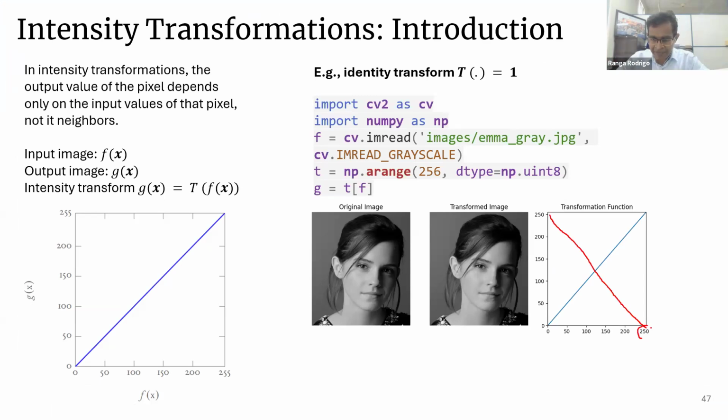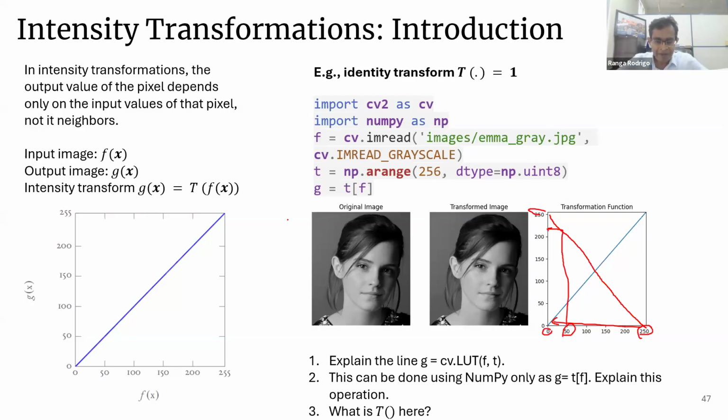For every pixel with 250, it will produce 0. If the pixel is 50, it will produce 205 or something. If the pixel is 0, it will produce 250. You can see it produces the negative of the image, right? Negative of the image. That's what I'm going to do next.